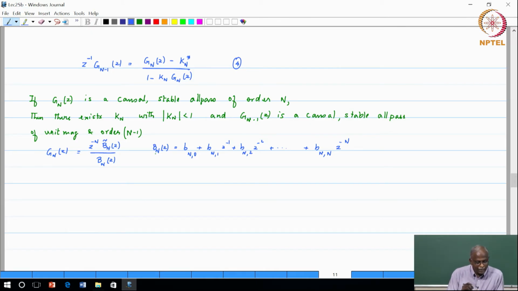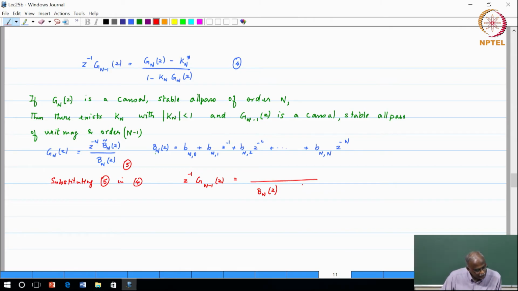Okay. Now, if I substitute this form in the expression that is given to us in 4, substituting 5 in 4, what we get is z inverse g n minus 1 of z is of the form, the denominator is b n of z, did I get that correctly? 1 minus k n, yes, correct.